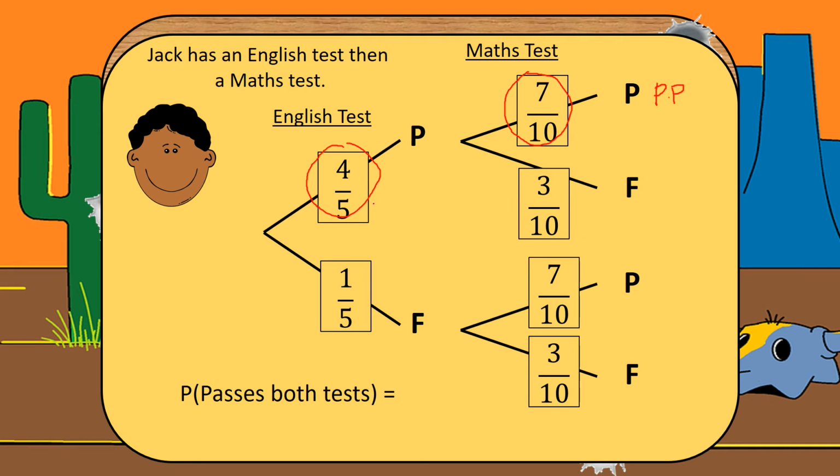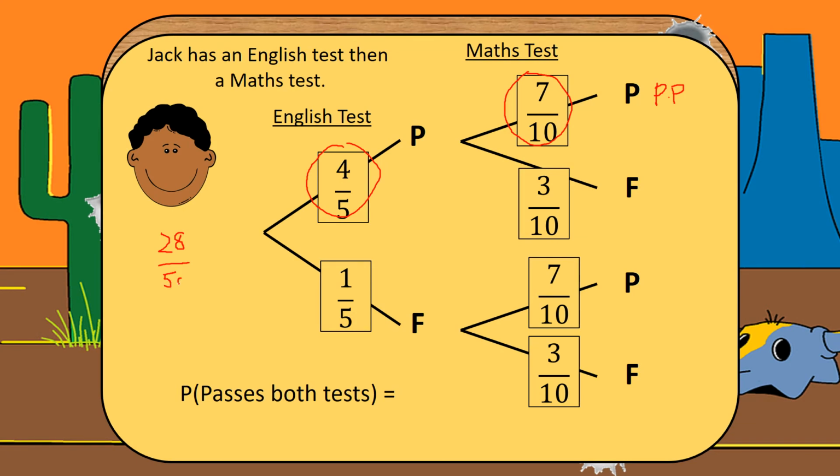So what have we got? We're going to have to do 4 times 7 across the top and 5 times 10 across the bottom. But do you spot something once you've done both of those? If I do 4 times 7, I get 28. And if I do 5 times 10, I get 50.